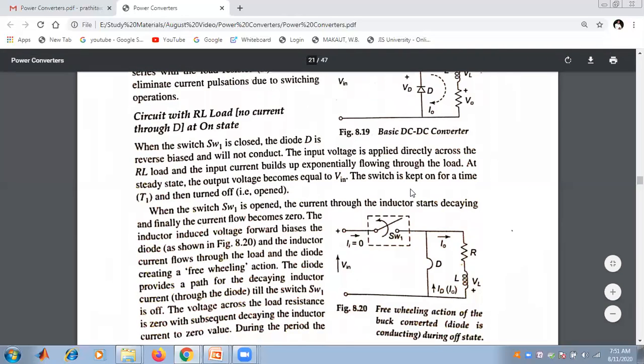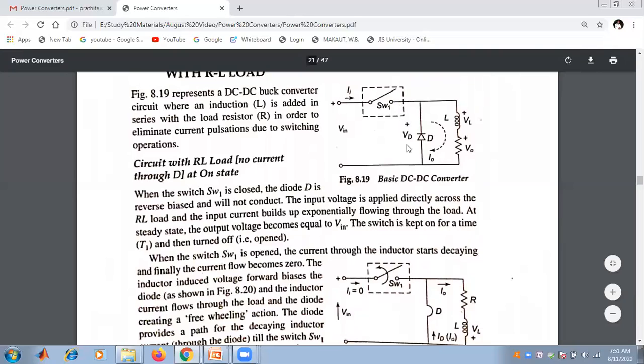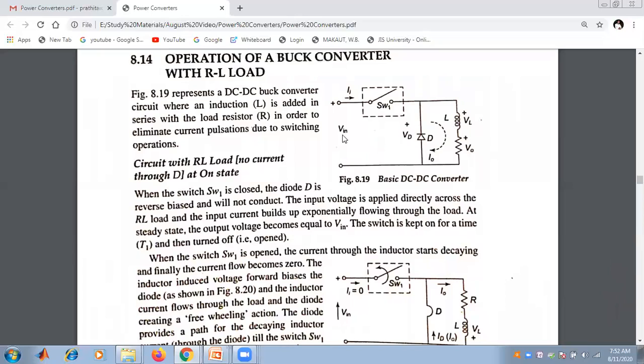I have already told that current will flow through that particular path. Means the input voltage, V in, comes directly across the RL load, and the input current builds up exponentially through the load.